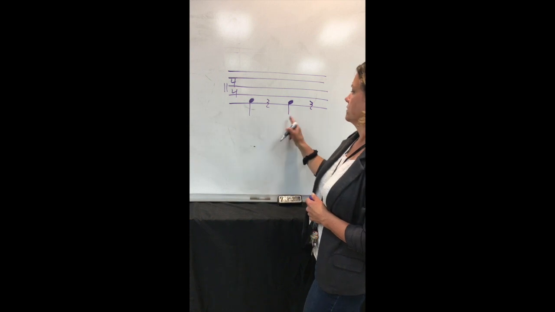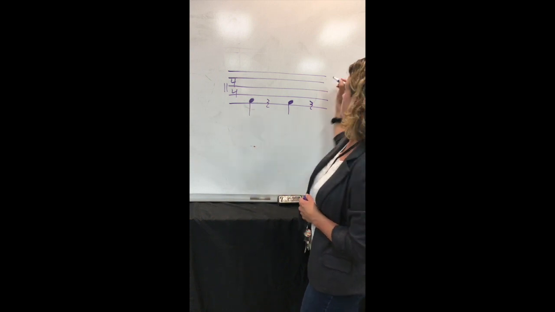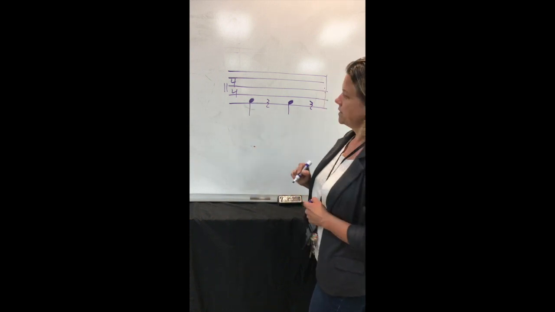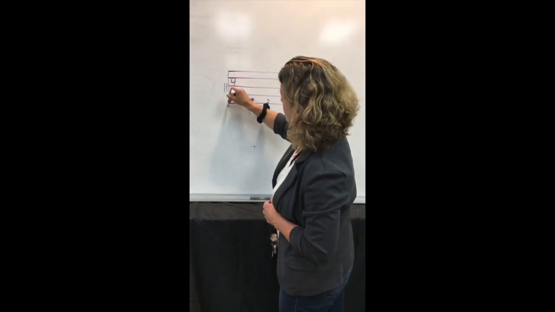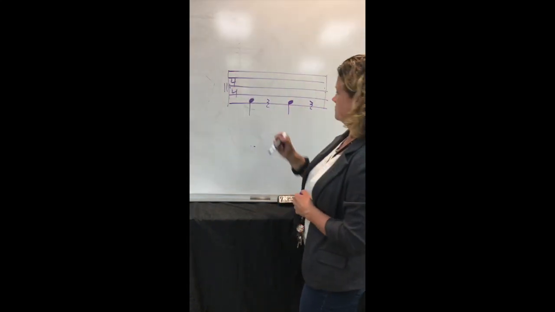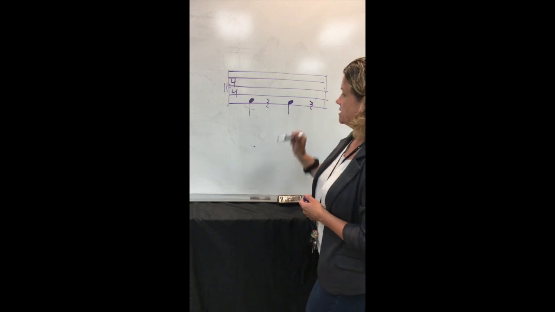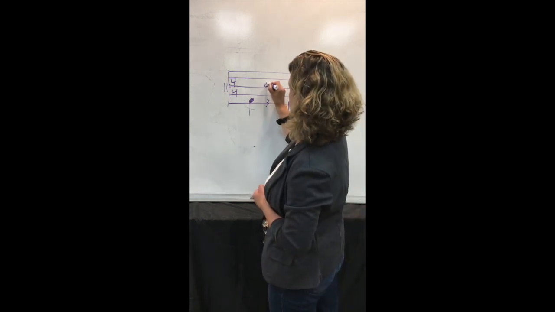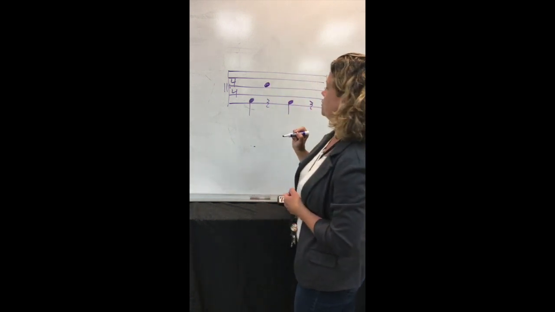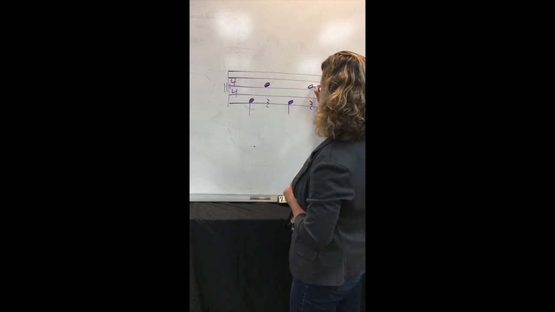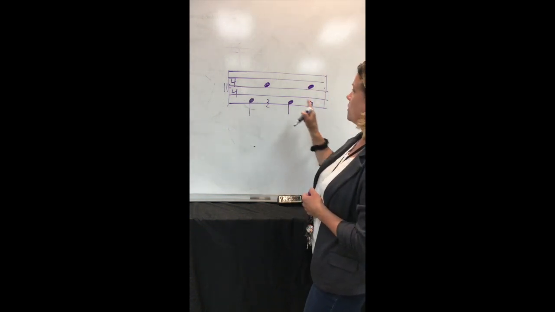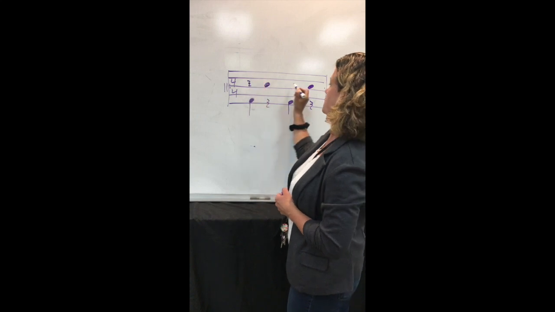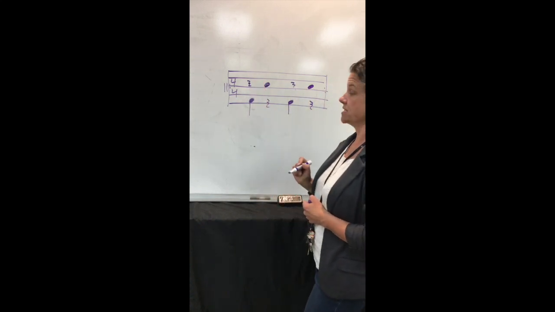1, 2, 3, 4. 1, 2, 3, 4. Okay? Just going to go back to the beginning. All right. So let's put the snare, you guessed it, on beat 2 and 4. Now you won't always see all the rests written in there because it just gets really messy.